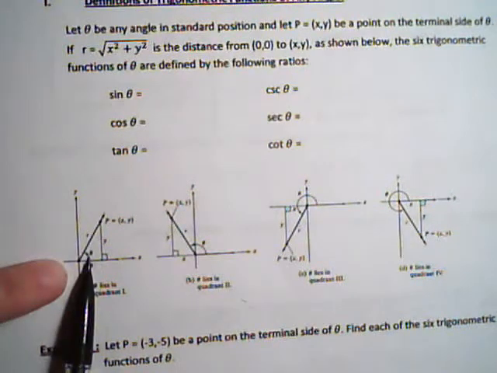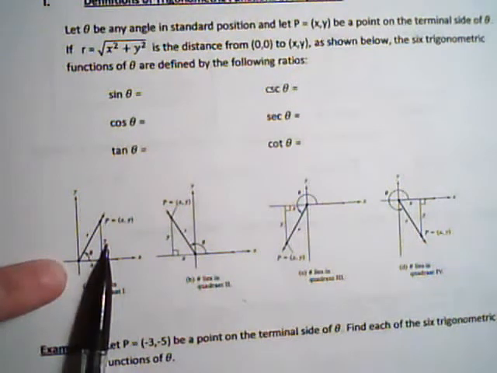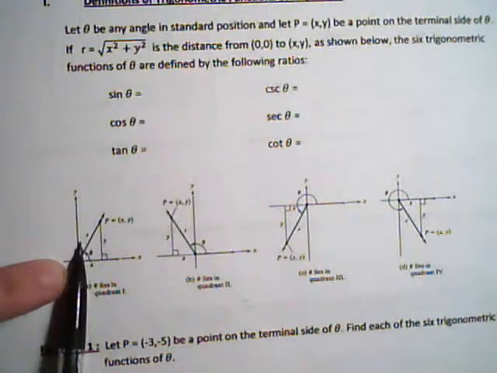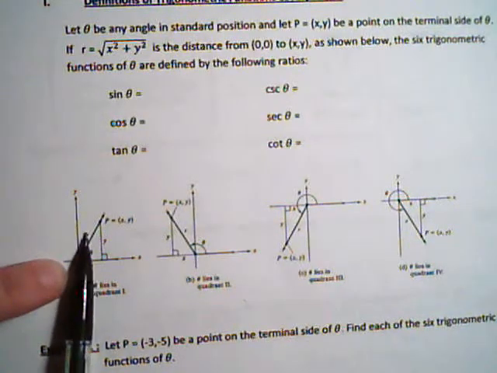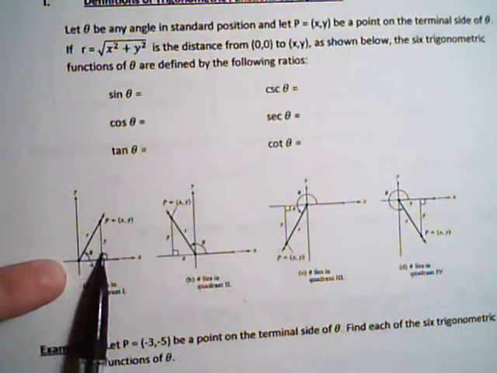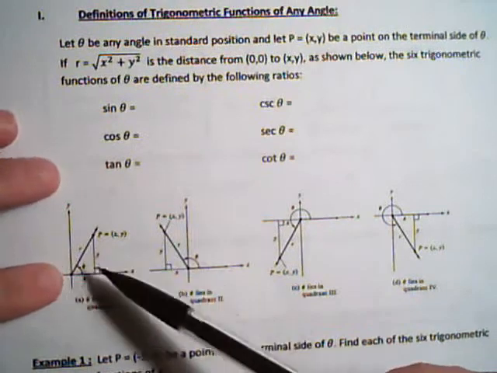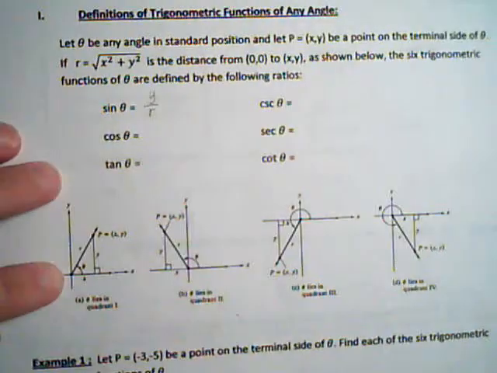On the unit circle, we said that sine was equal to y, because our r value on the unit circle was 1. For the problems we have here, your r value could be another number, not just 1. So for our definition, the sine of theta equals y over r.